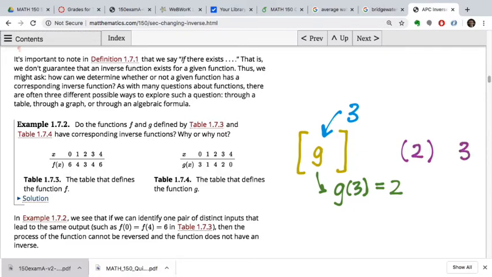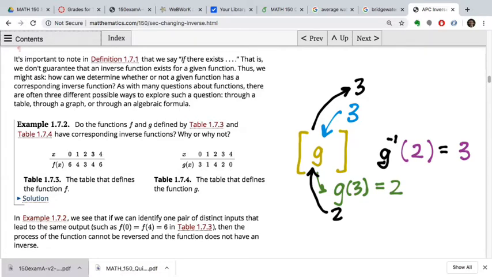So how do I write the reverse relationship here? When I plug a 2 into the inverse function, I need to get a 3 as the output. How do we use notation to write the inverse function here? g to the power minus 1, right.